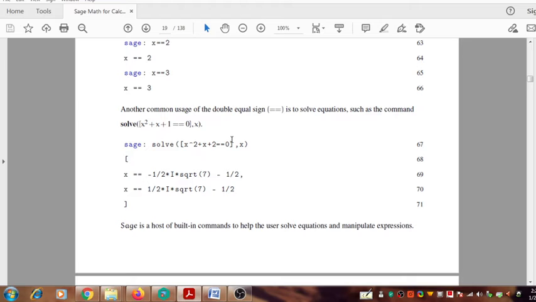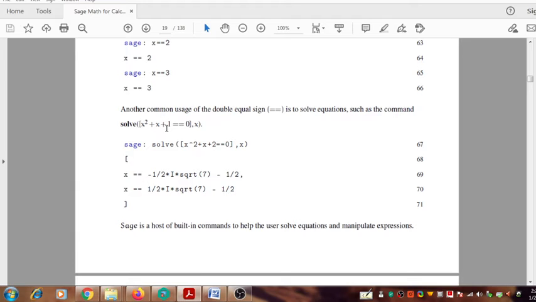See, consider this expression, x square plus x plus 1 double equal to 0. You know that x square plus x plus 1 equal to 0 is an equation. Suppose we want to solve this equation. We are very familiar with this kind of expression, used very commonly in your mathematical classes.